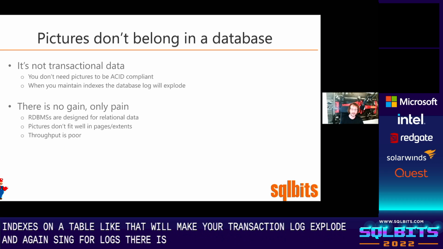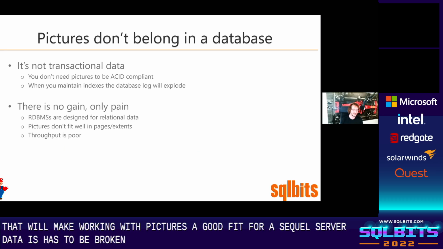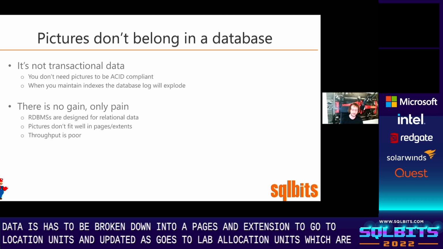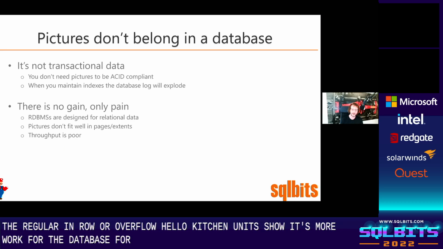There is no killer feature in the database that will make working with pictures a good fit for SQL Server. The data has to be broken down into pages and extents, and needs to go to allocation units. And for LOB data, this goes to LOB allocation units, which are separate from the regular in-row or overflow allocation units. So it's more work for the database for no gain.